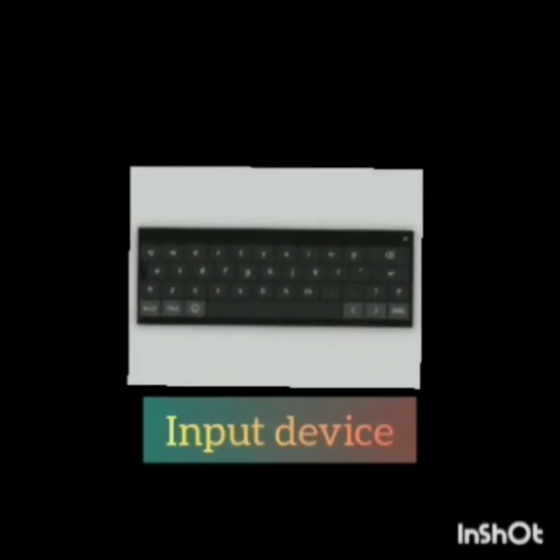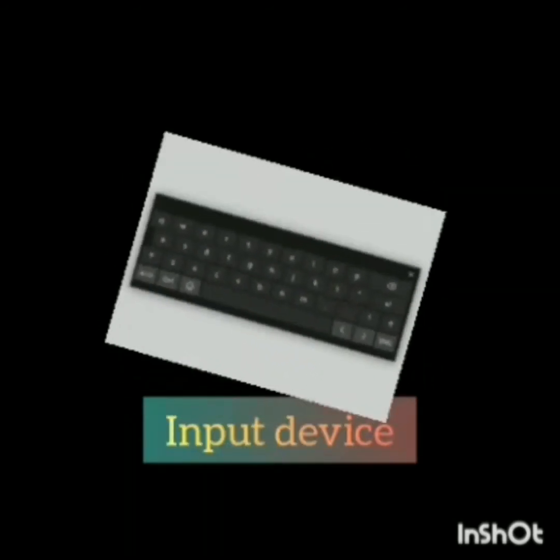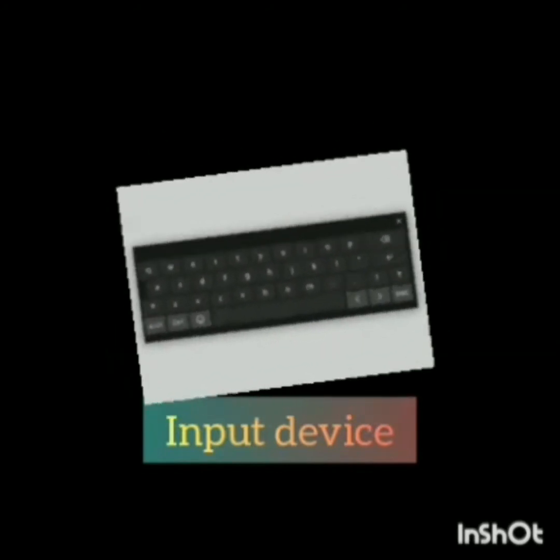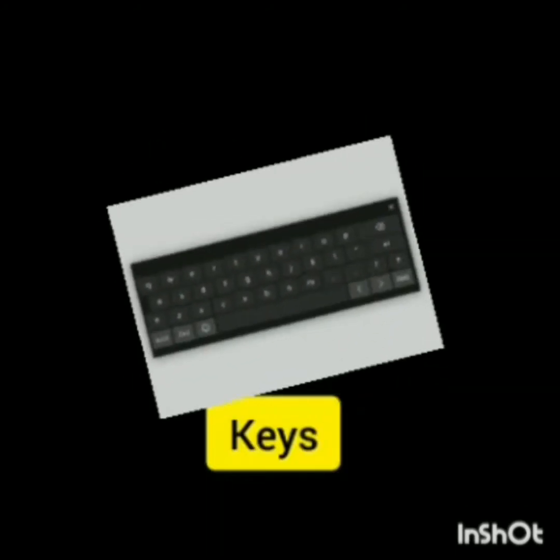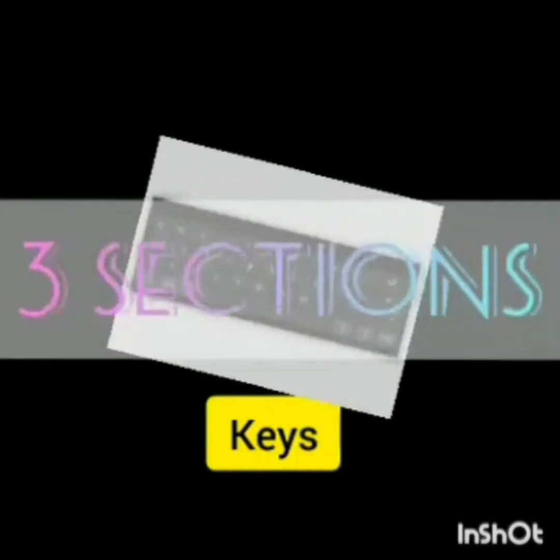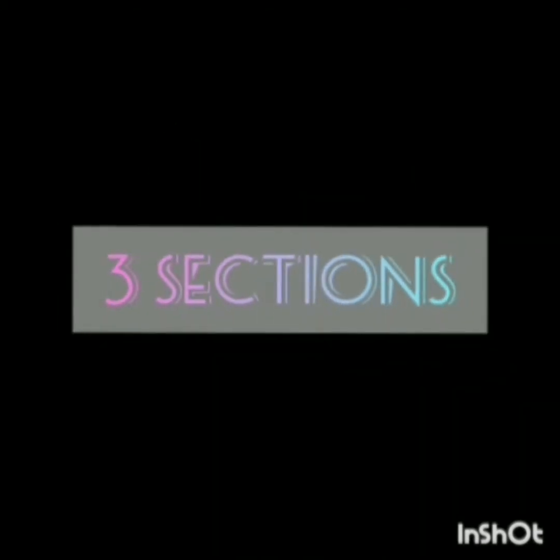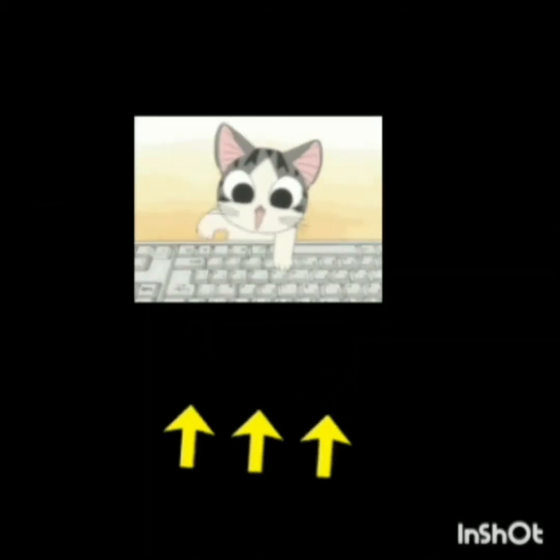The keyboard is an input device. It has many buttons on it. These buttons are called keys. It is divided into three sections as shown above.